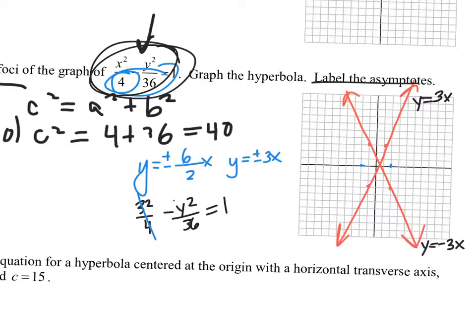Then I'm going to multiply both sides by negative 36. That gets rid of this. So now I have y squared equals 45. Now I take the square root of 45, which is 6.7. So that means my ordered pairs are going to be plus or minus 3, because that's what I plugged in, and plus or minus 6.7 approximately.